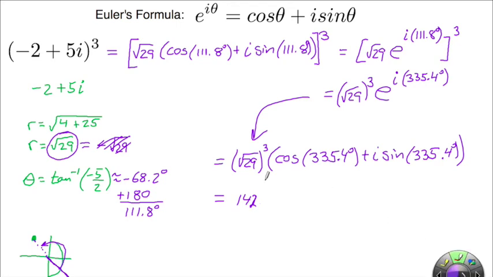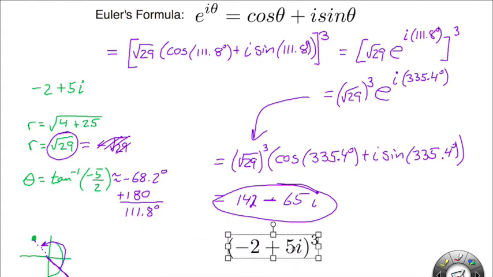And plus, or minus, I'm not even sure yet. Let's see, this would be times sine of 335.4. Minus, yeah. So this would be minus 65i. So this is the same thing as that. They're equal to each other. So if you expanded this out, multiplied it 3 times together, you'd end up with 142 minus 65i.